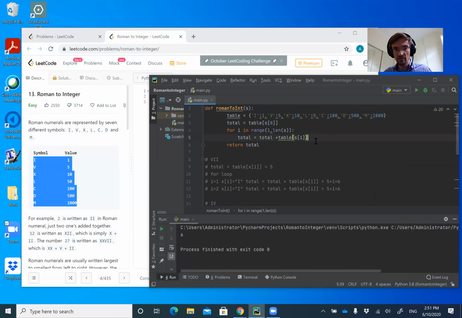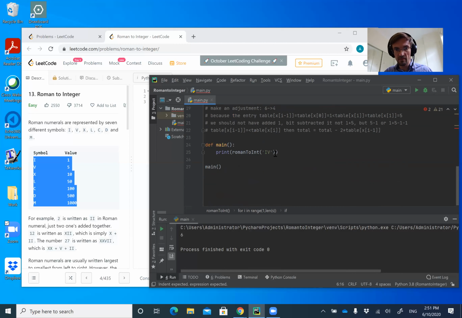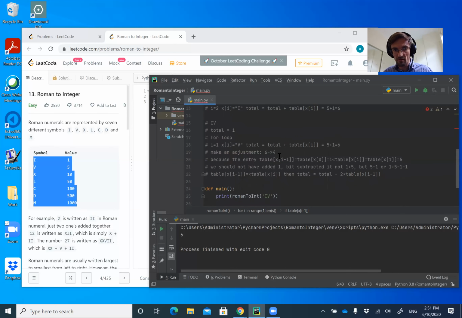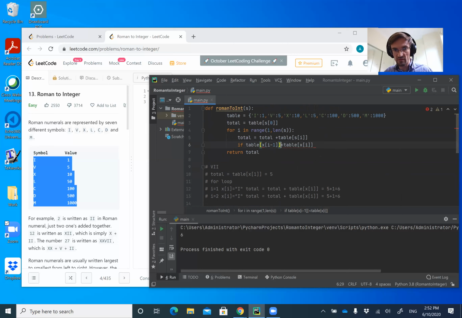So for i, add total, and then if 5 is strictly less, there we have it, then total needs to be adjusted: minus 2 times total minus 1.